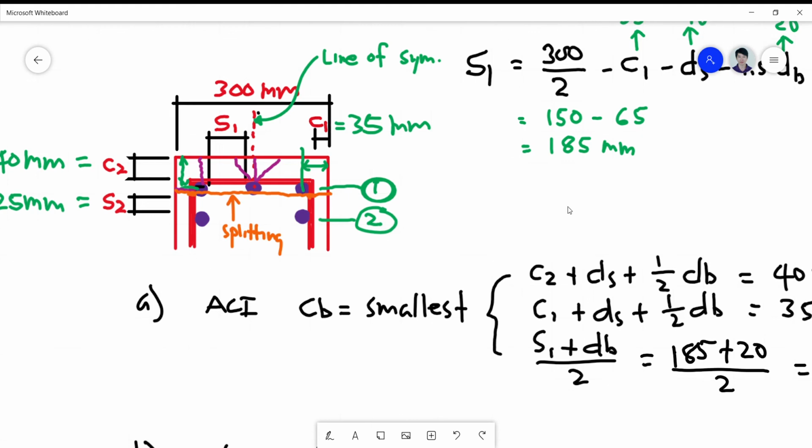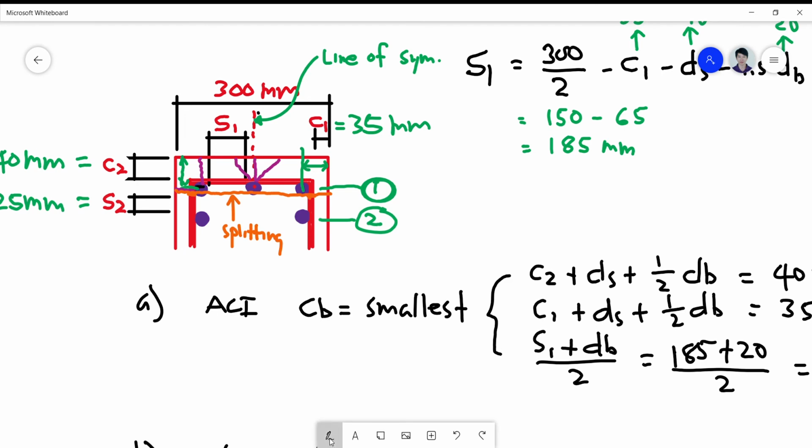Okay, take a look at the length of this failure. So the length of this splitting failure on the corner is simply C1 plus C2, which is eventually 75 millimeter.